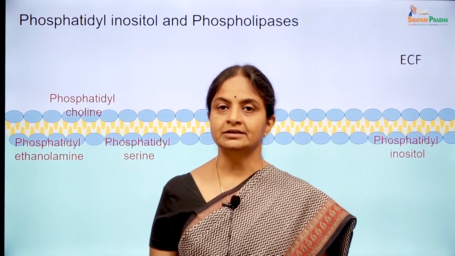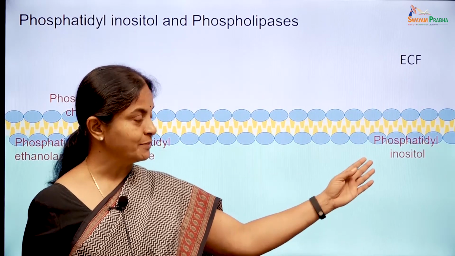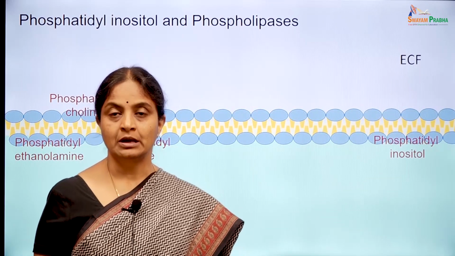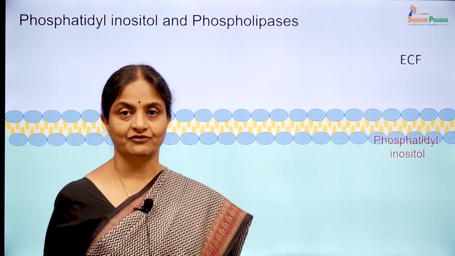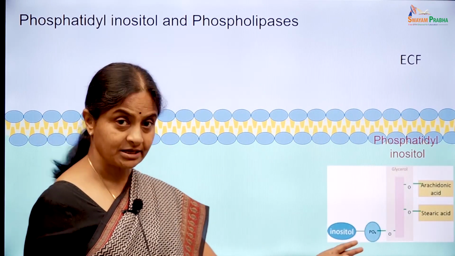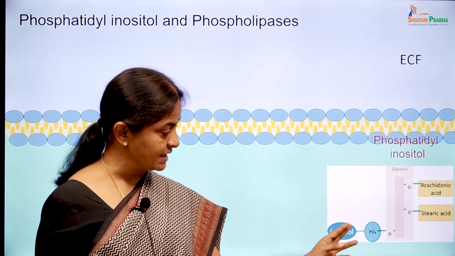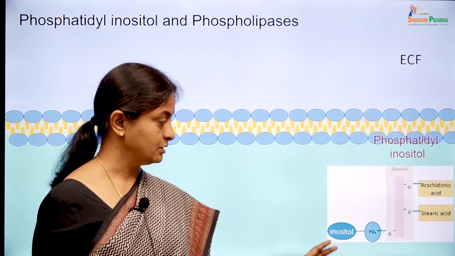When we considered the phospholipids of the cell membrane, a special mention was made about phosphatidylinositol. We will now see details about phosphatidylinositol. And this is a cartoon of the phosphatidylinositol molecule. That's the phosphatidic acid, and that's the inositol.